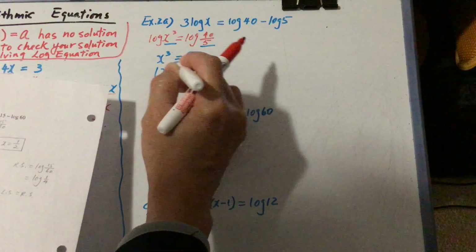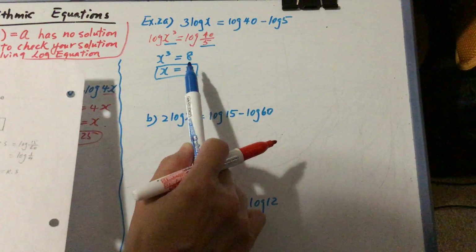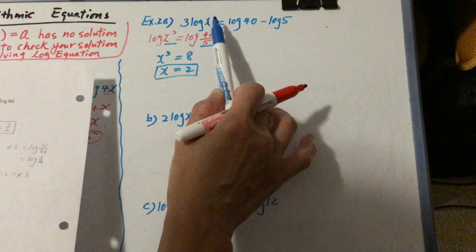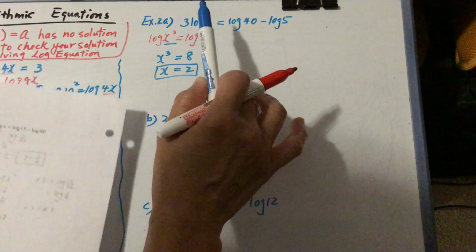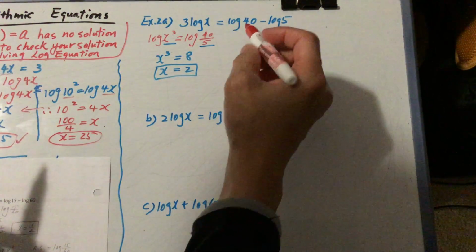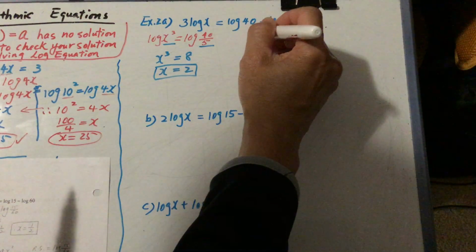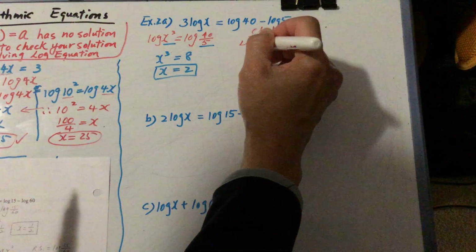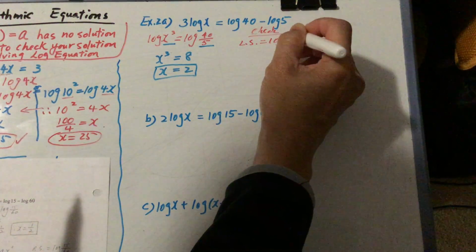Okay, so very quickly you're going to plug in the 2 there. Sometimes for this kind of question, when you're doing the check, you can see on the left side you have log x to the power of 3.